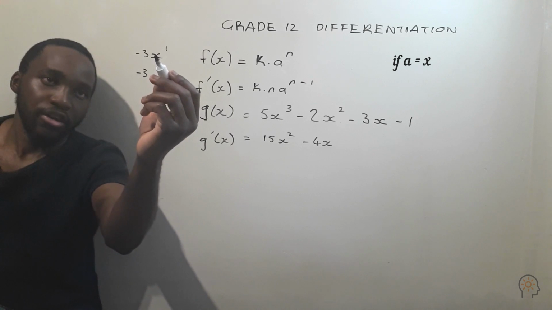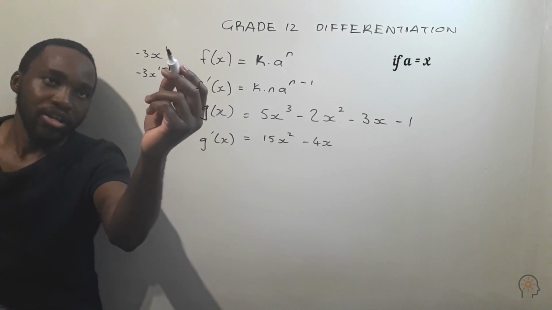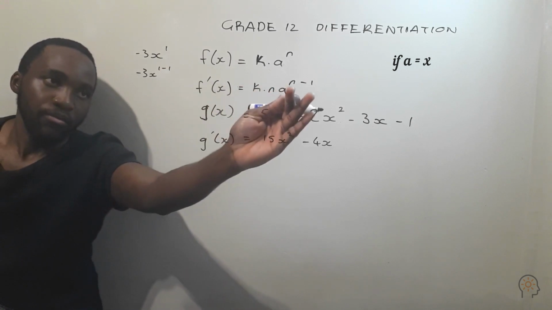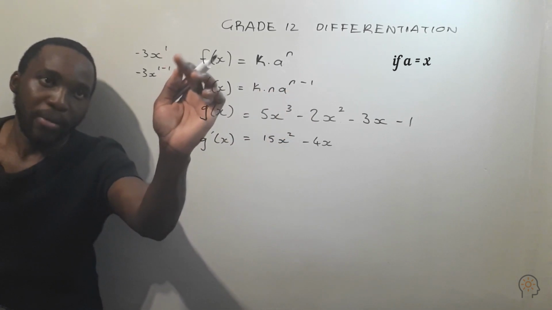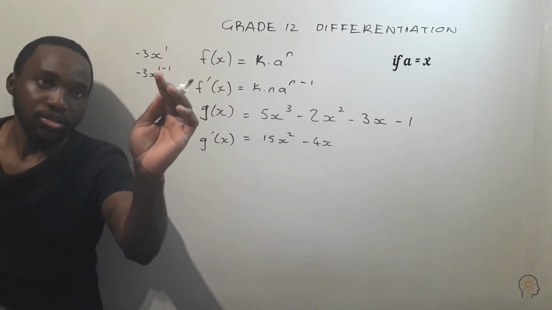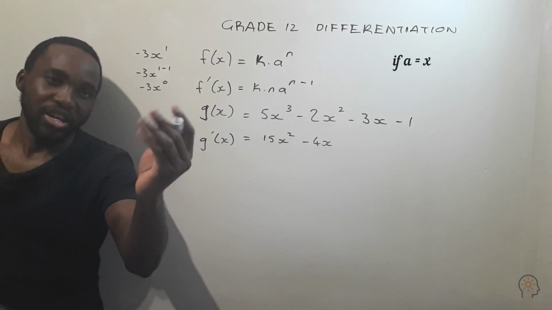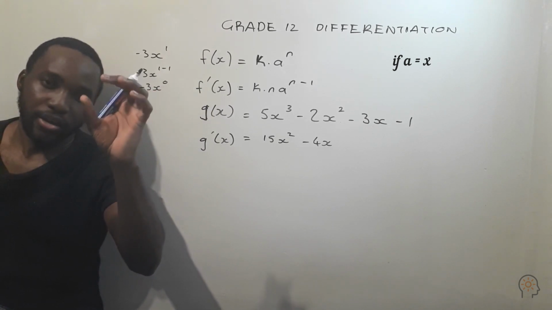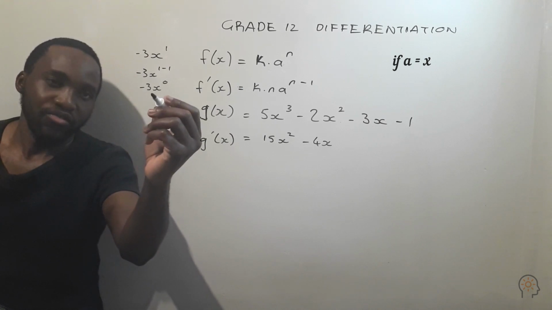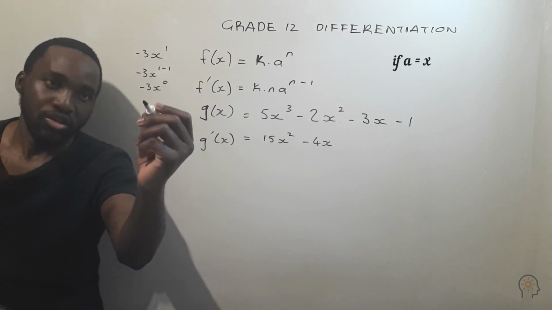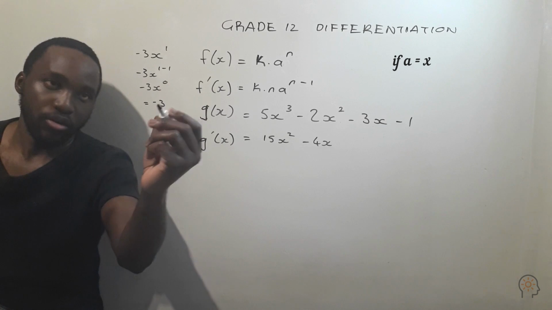And then where the 1 is, you just finish the process: 1 minus 1, and this will leave you with x to the power of 0. And we know that anything where it's a variable to the power of 0 is just a 1. So here we will just have negative 3 on its own.